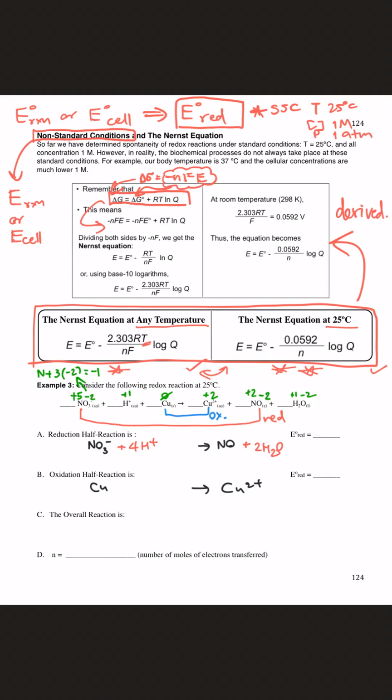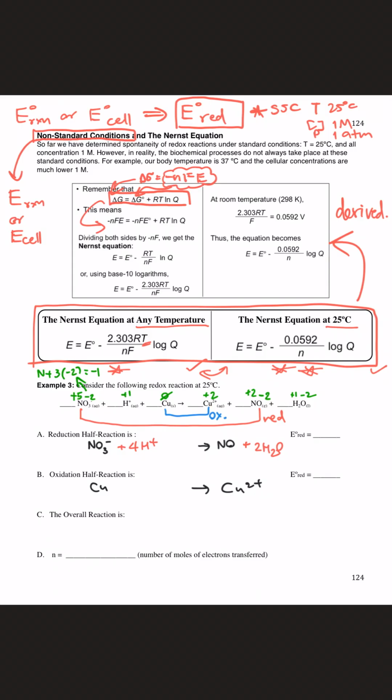Now let's see, do we need to balance this in a basic or acidic solution? This is when you would need to look at the given equation here. The given equation doesn't have hydroxide ions, indicating that we don't have to add hydroxide here, but you probably notice that it contains proton.